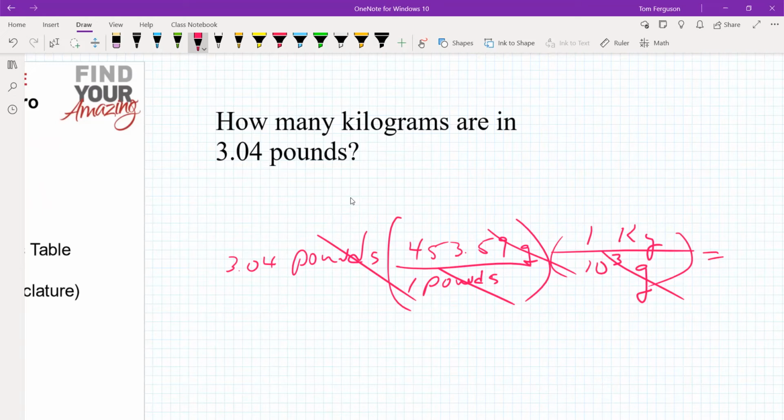And there you have 90% of the points for that problem right there. So the answer is, okay? So it's 1.38 kilograms, or awkwardly 1.38 times 10 to the 0.